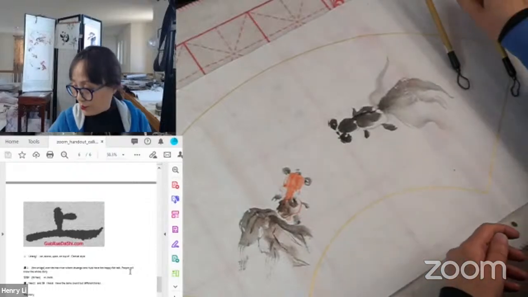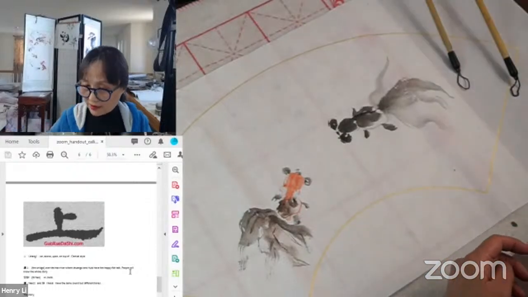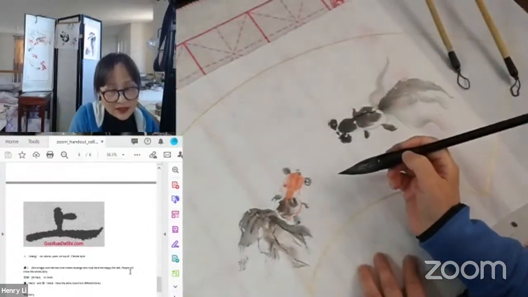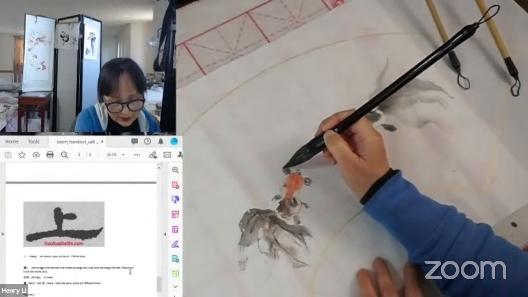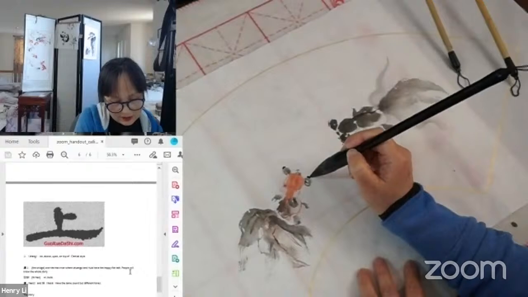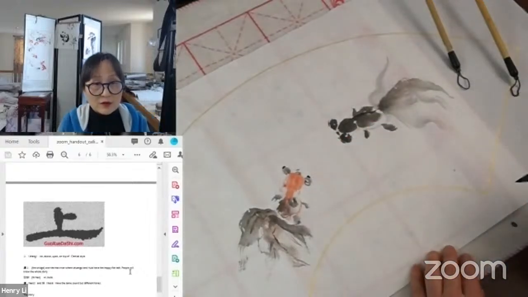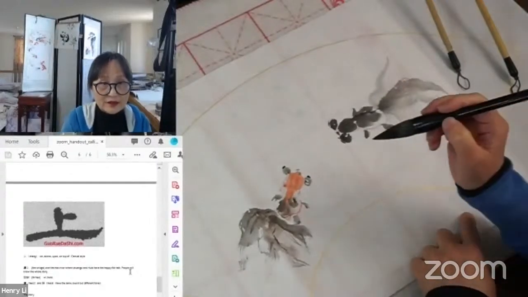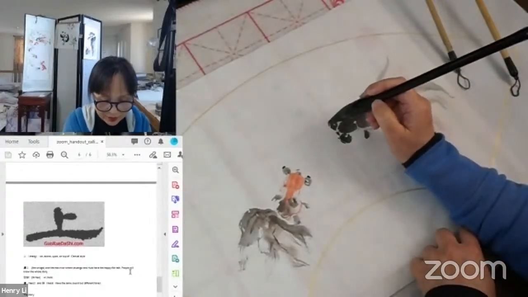And you use perfect dark ink. You can dot the eye very late, I mean, until it dries. So we leave a little bit of space for the highlight, right? And then dot the eye, like the pupil thing.